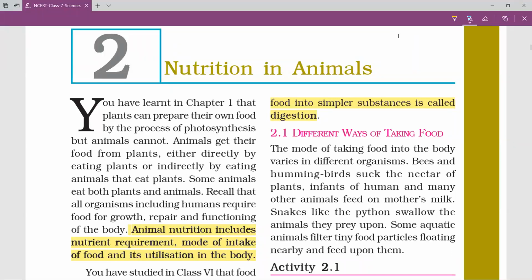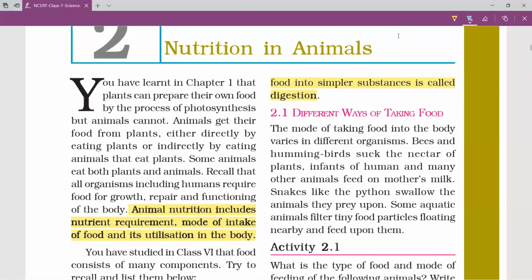In this video, we are going to learn what things are needed for animal nutrition, what parts are engaged in digestion of food, and what forms the digestive system. So let's study one by one.